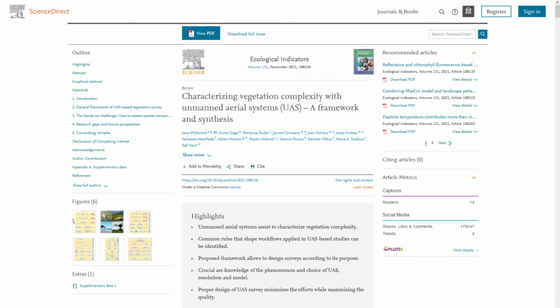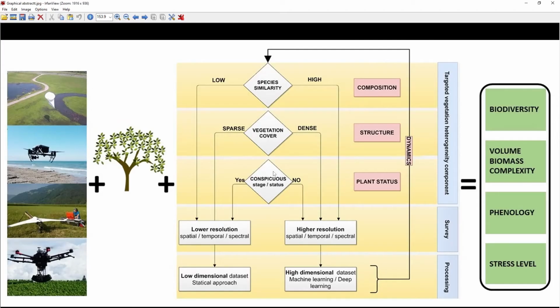For this purpose, we divided the vegetation studies according to the component of vegetation heterogeneity that is addressed, ranging from species composition and stand structure to the plant status.